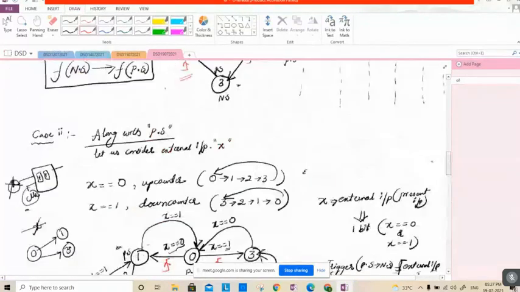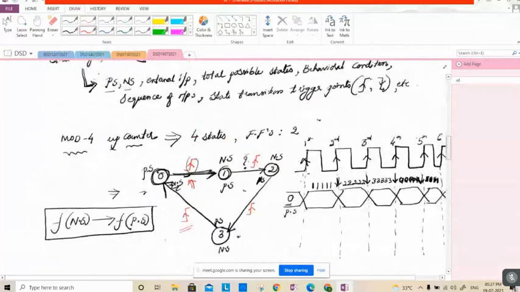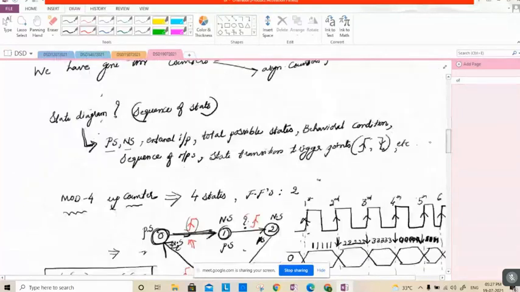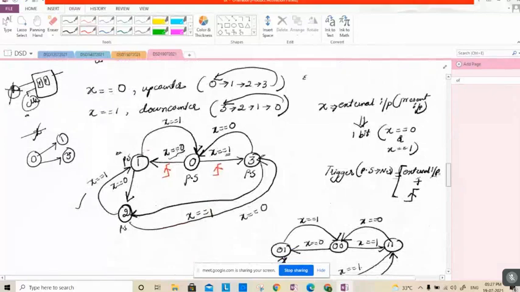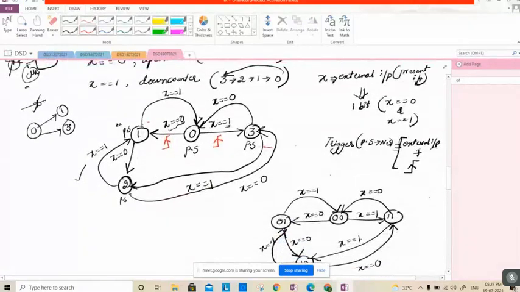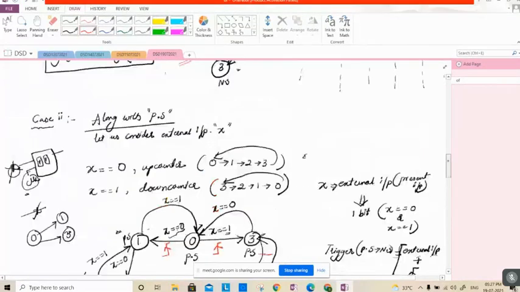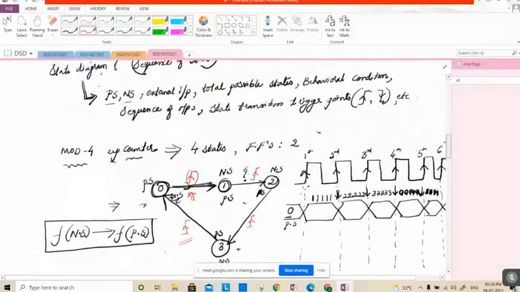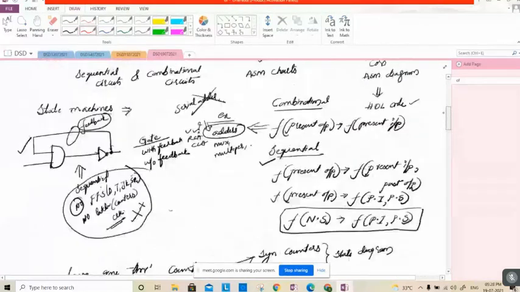Did I say anything about a counter anywhere up here? Right, I said mod 4 up counter. After saying it as a mod 4 up counter, what are the things I told you? Present state, next state, present input. These are what it uses.